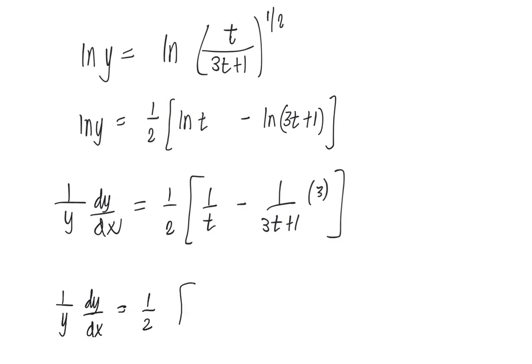I want to get a common denominator between t and 3t plus 1. So that would be t times 3t plus 1. And in that numerator, we would have 3t plus 1 minus 3t.